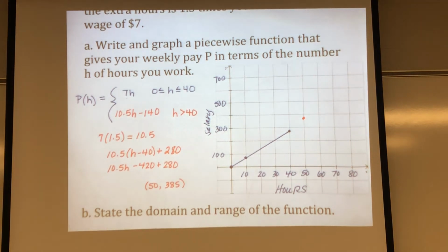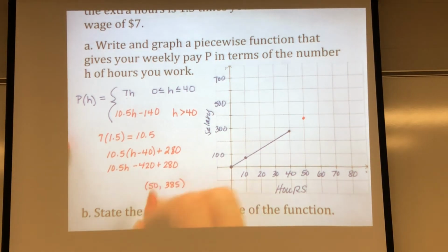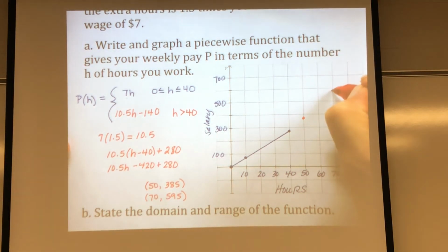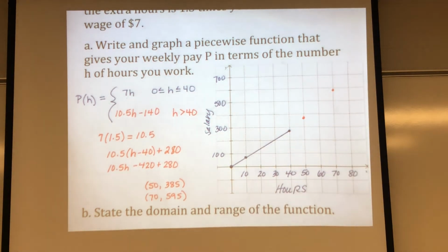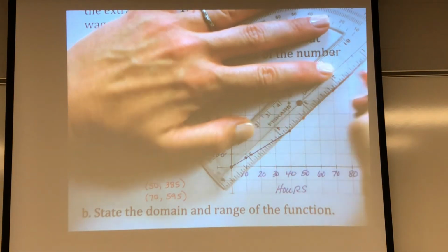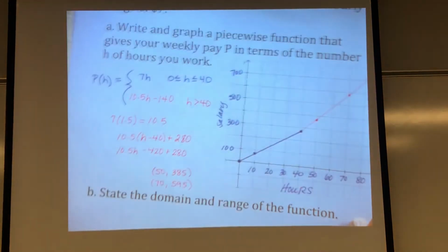What if we worked 70 hours? So 10.5 times 70 minus 140, 595. So again, this is a linear equation, but it's steeper. It's going up more than our regular because we get paid more for overtime.